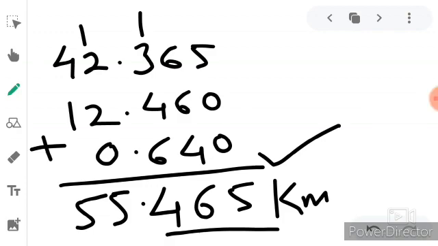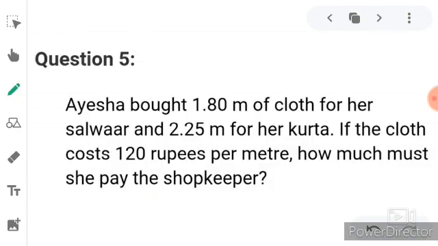Now the next example. Here, question number 5. Aisha bought 1.80 meter of cloth for her salwar, that is bottom, and 2.25 meter for her kurta. Here the numbers are given in decimal form. If the cloth cost 120 rupees per meter, then how much must she pay the shopkeeper?